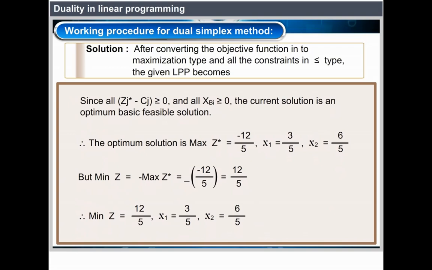Therefore, the optimum solution is maximize Z star equal to minus 12 by 5, x1 equal to 3 by 5, x2 equal to 6 by 5. But minimize Z equal to minus maximize Z star equal to minus of minus 12 by 5 equal to 12 by 5. Therefore, minimize Z equal to 12 by 5, x1 equal to 3 by 5, x2 equal to 6 by 5.